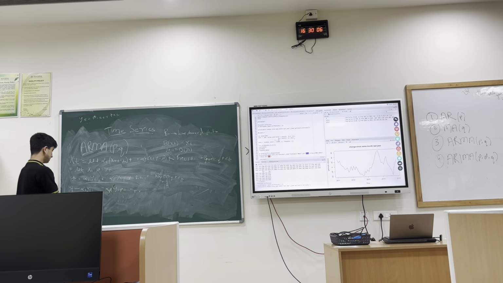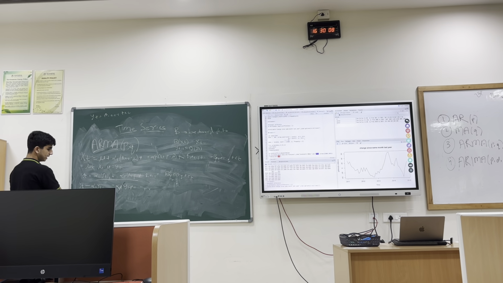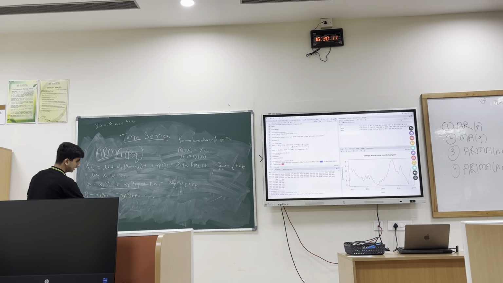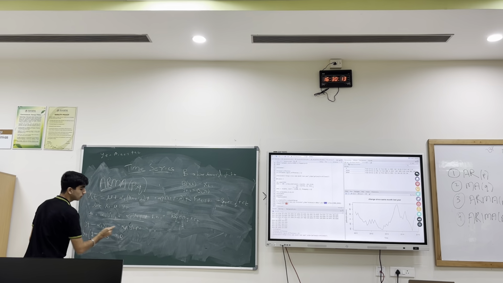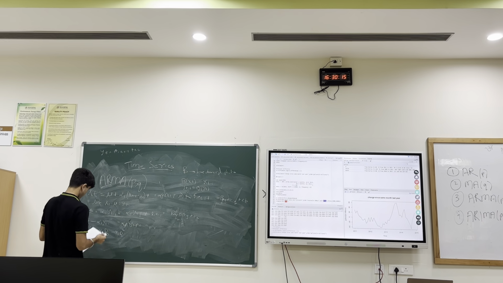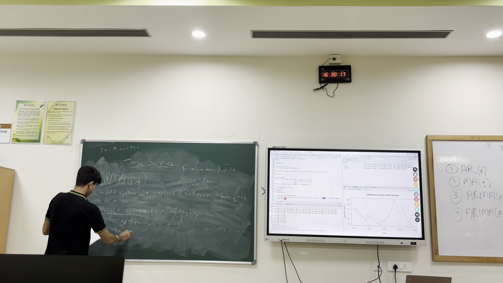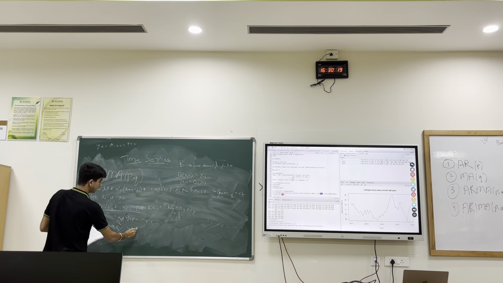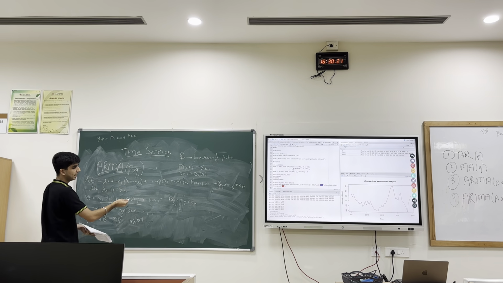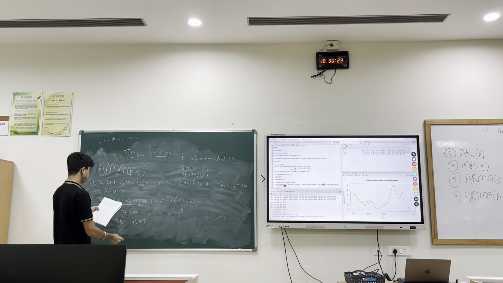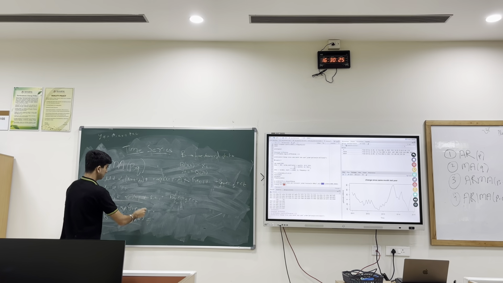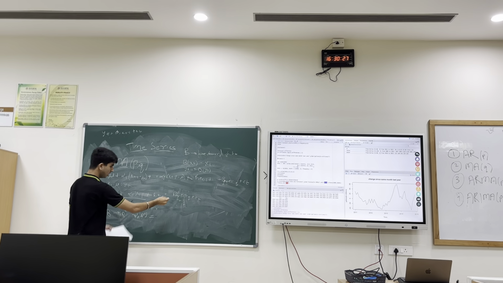So this becomes yt into 1 minus alpha 1 times B minus alpha 2 times B square up to minus alpha p times B raised to p. B raised to p times is nothing but yt minus p, is equal to. Now from here I'll take et constant.